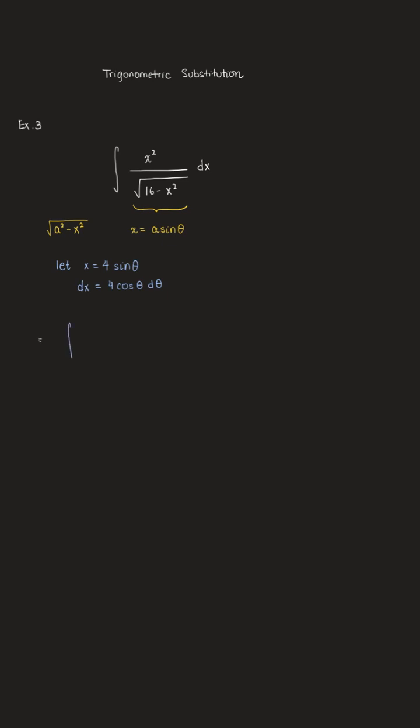In the numerator, x is squared, so we'll have 16 sine squared theta. And in the denominator, we'll have the square root of 16 minus x squared, which is 16 sine squared theta. And d theta, let's not forget, the dx needs to be changed in terms of d theta, and that's going to be 4 cosine theta d theta.